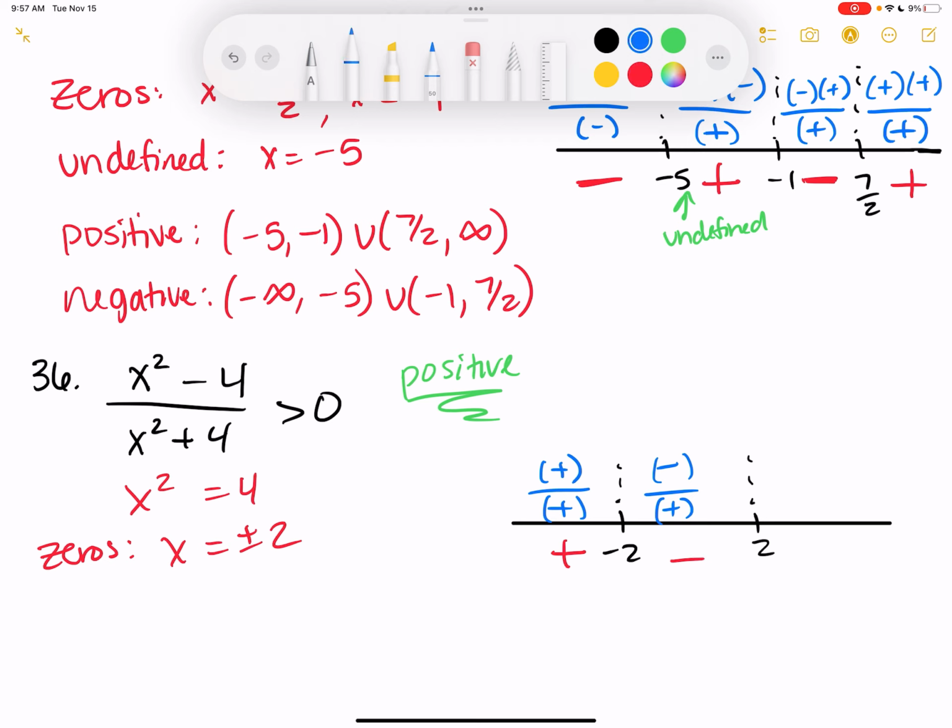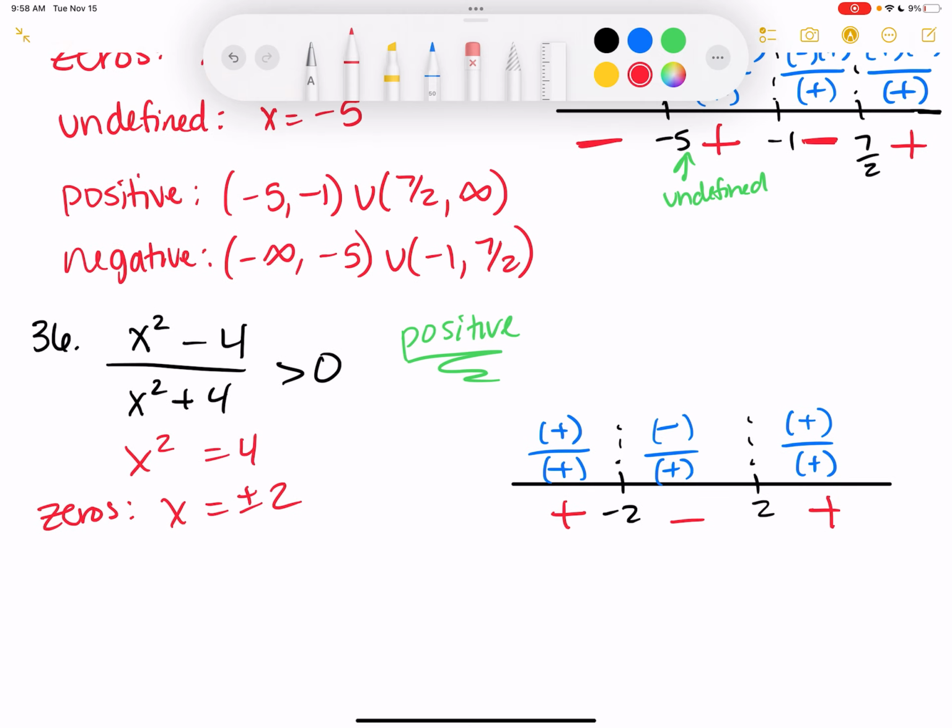Then in the last one, if I use 3, that's the same thing as -3, so that's positive over positive, which is positive. I care about my positive regions. Remember, it's not or equal to, so I don't include. So my positive region, which is the solution, is from -infinity to -2, union 2 to infinity.